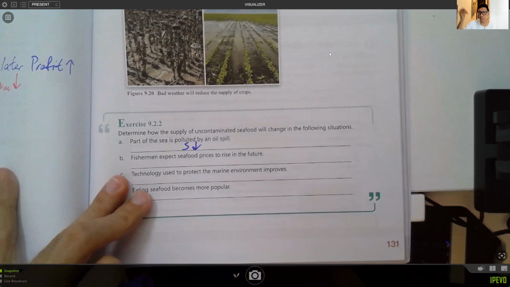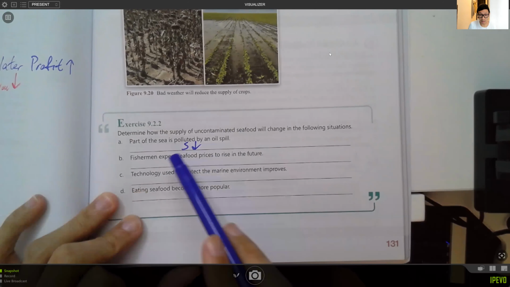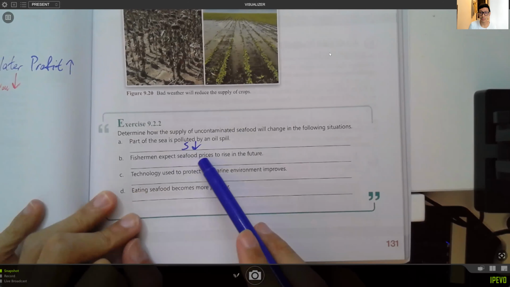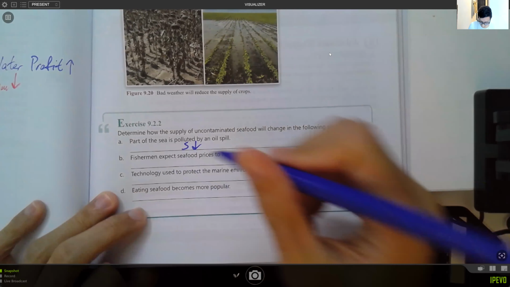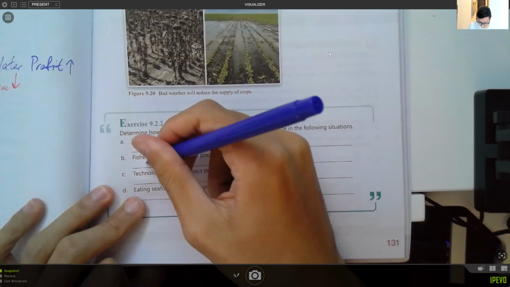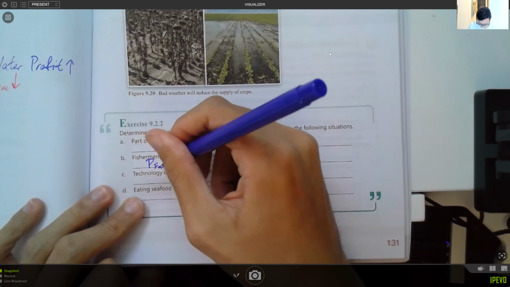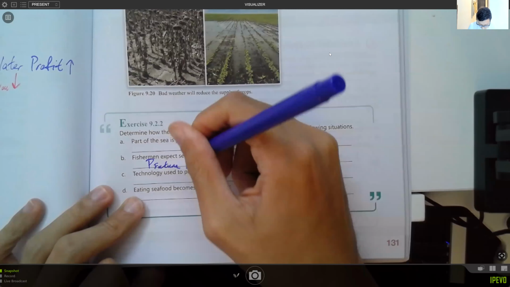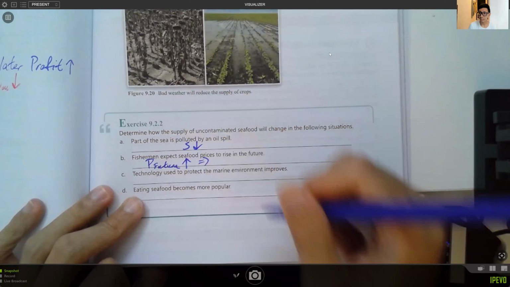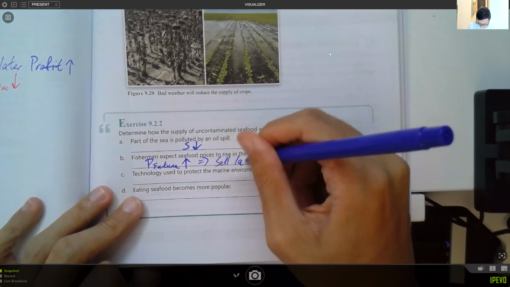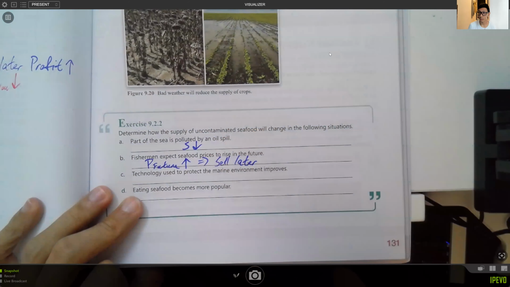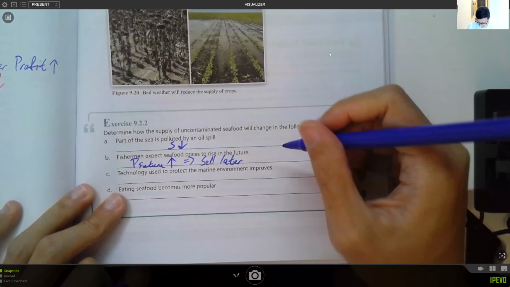你少咗乾淨嘅海啊嘛。OK，fishermen expect seafood prices to rise in the future. Because they expect price in the future to increase, therefore they would sell later for higher profit.